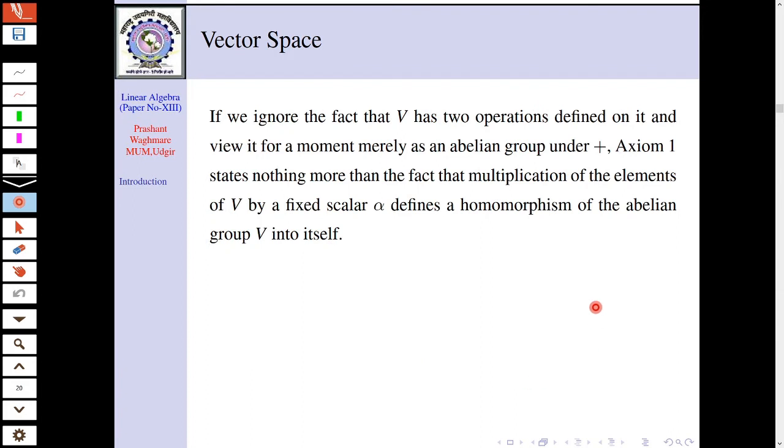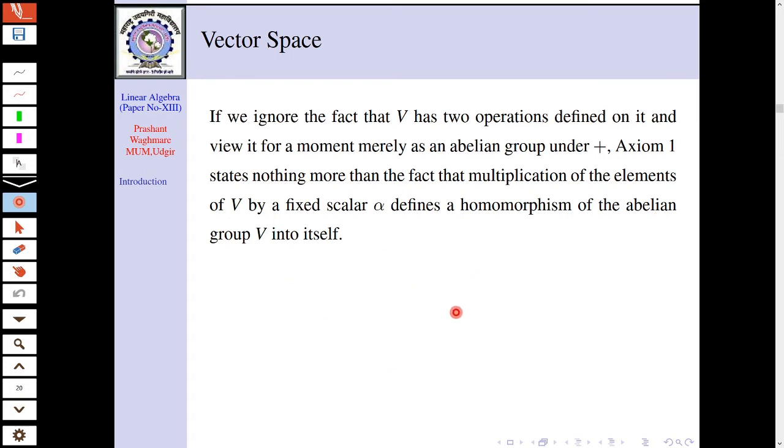Now if we ignore the fact that V has 2 operations defined on it, and view it for a moment merely as an abelian group with operation plus, axiom 1 states nothing more than the fact that multiplication of an element of V by a fixed scalar alpha is nothing but one kind of homomorphism, right, a homomorphism from V to V. And how are we going to define it?